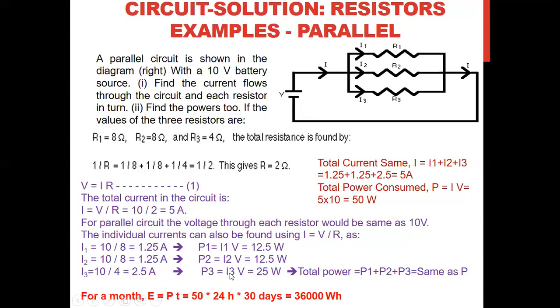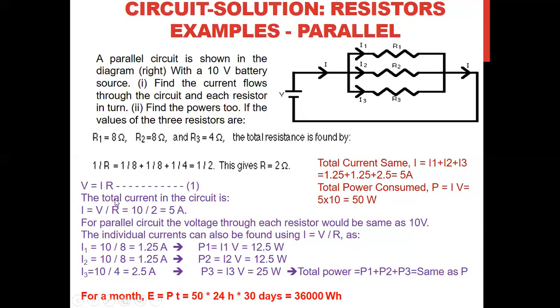For the third one, I3 into V: I3 is 2.5, V is 10, so 25. So let us see what the total power is. Total power will be P1 plus P2 plus P3, and it will be the same as the power consumed by the circuit. From Ohm's law also we can see this is the verification. If we add these three, it will be 50 watt.